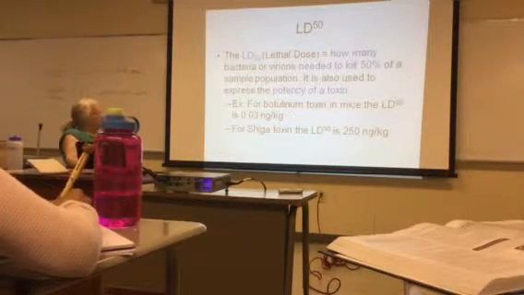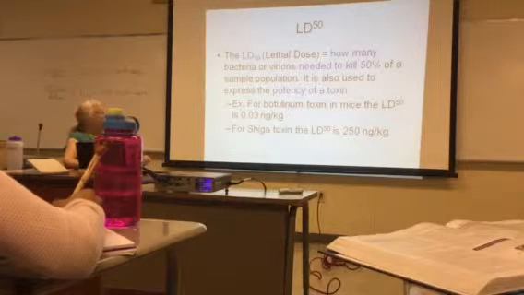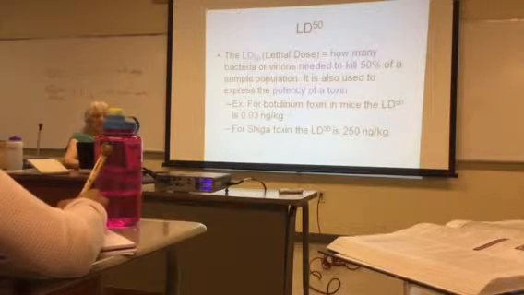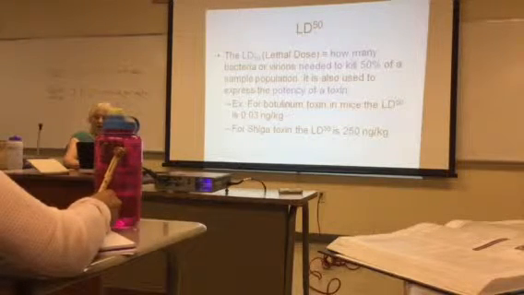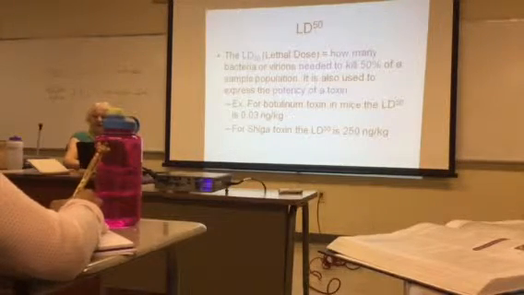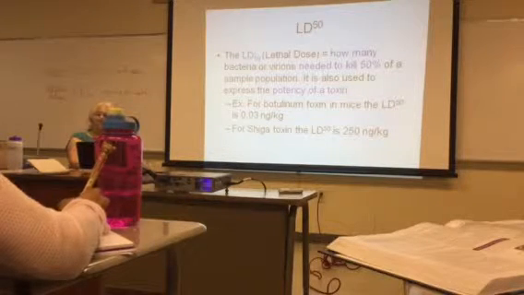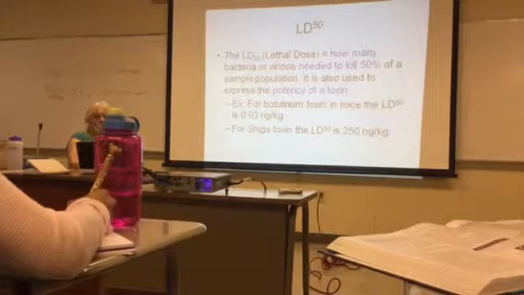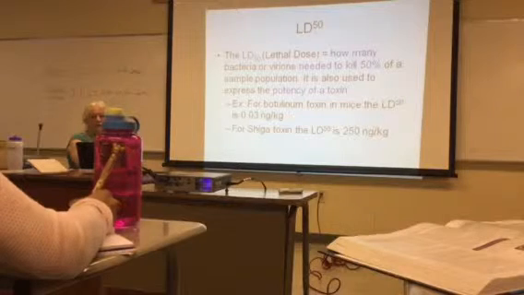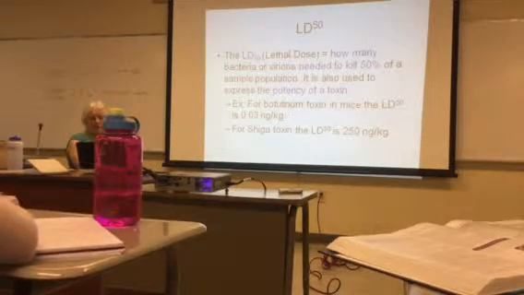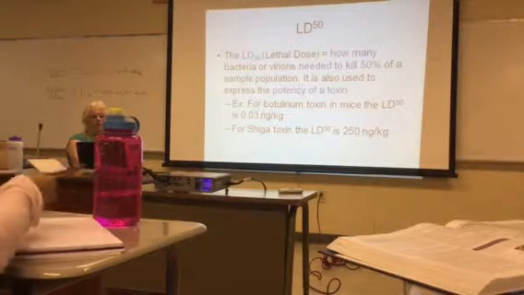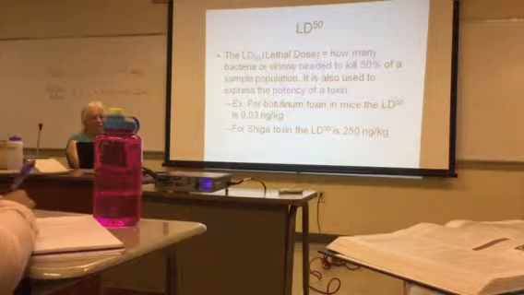The LD50 or lethal dose is how many bacteria or virions are needed to kill 50% of the sample population. They also use this LD50 to talk about the potency of a toxin. So for botulism toxin in mice, the LD50 is 0.03 nanograms per kilogram.